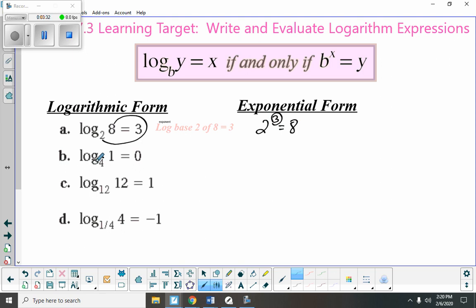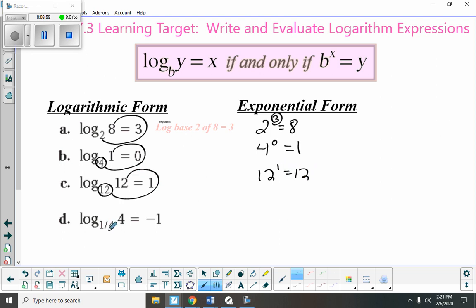So here, the log means the exponent that we put on the base of 4, which if we want to end up with a 1, it would have to be an exponent of 0. So 4 to the 0 equals 1. So here, the log is the exponent on the base of 12. So 12 to the first power is equal to 12.